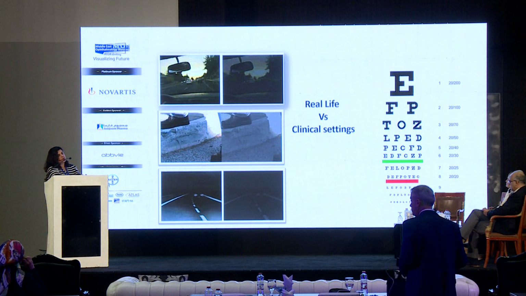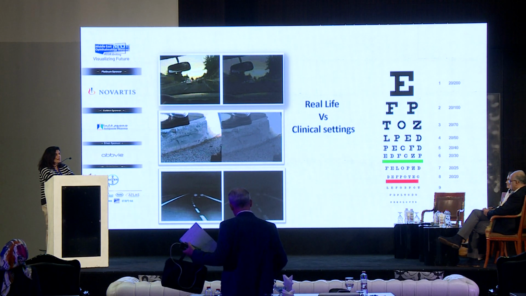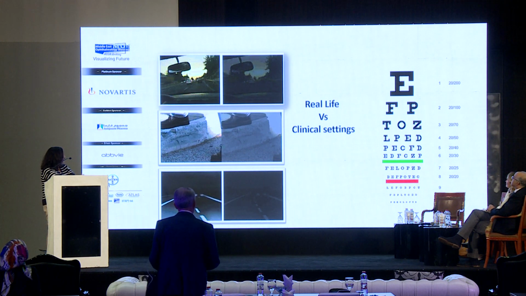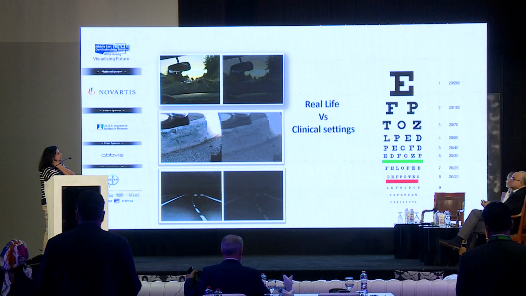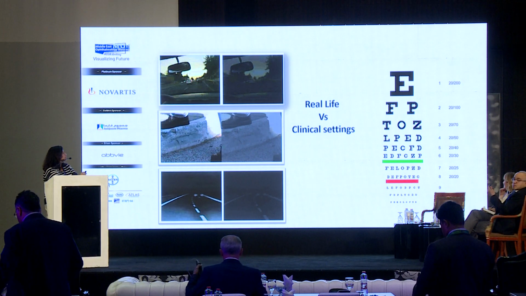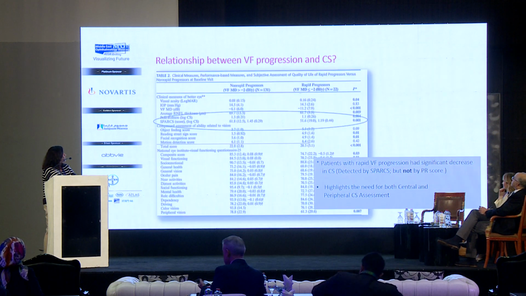Real life situations are very different from reading just the optotypes from a Snellen's chart. It's very difficult for patients with advanced or moderate glaucoma to manage driving or even to walk around the pavements because the contrast is not very distinct.